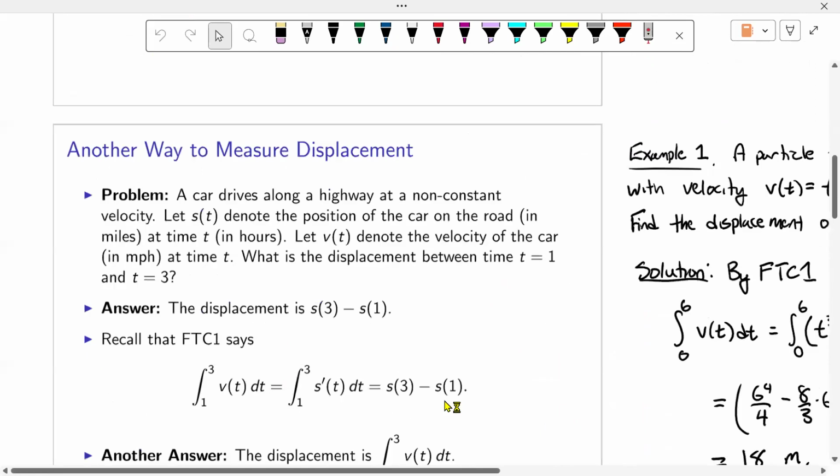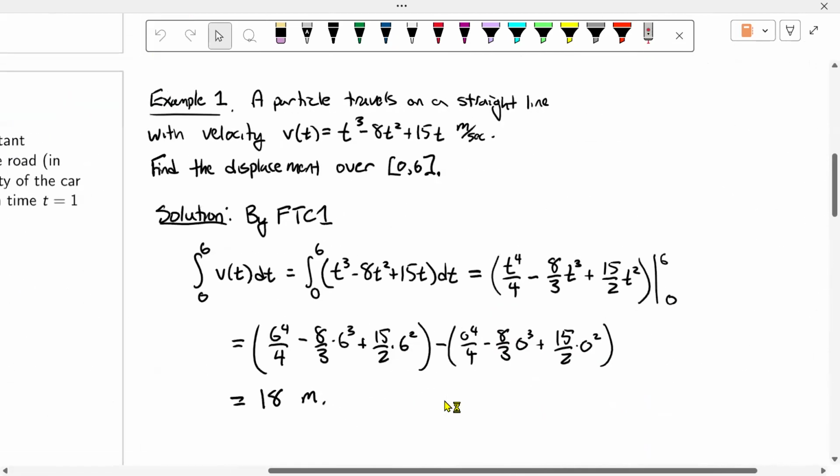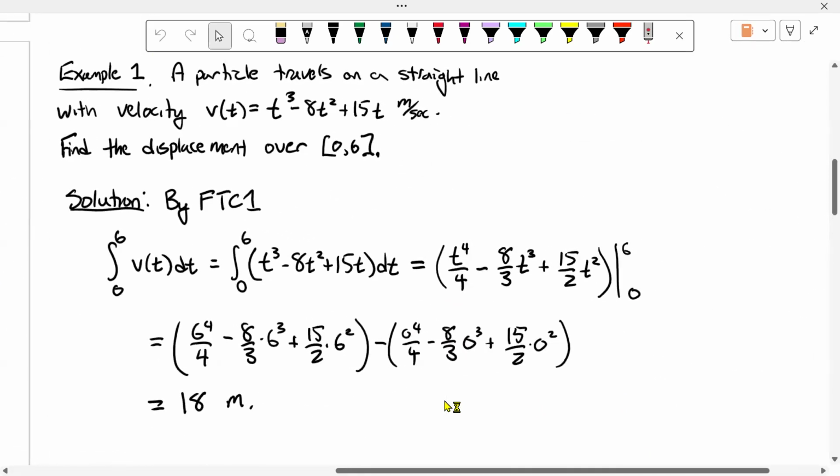Okay, so let's just recall what we were doing. We were using these definite integrals to compute something like displacement. In fact, that was our first example. We had a particle that travels along a line, with a velocity function given here, and we want to know the displacement of the particle between time 0 and time 6.